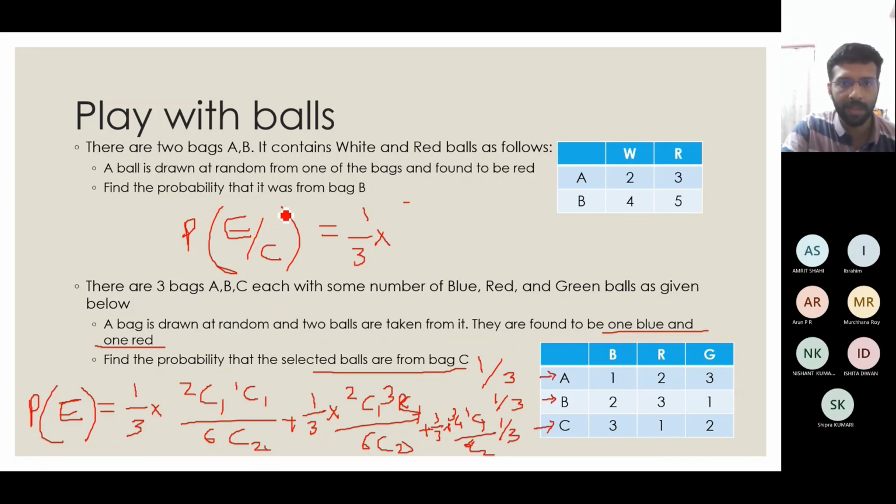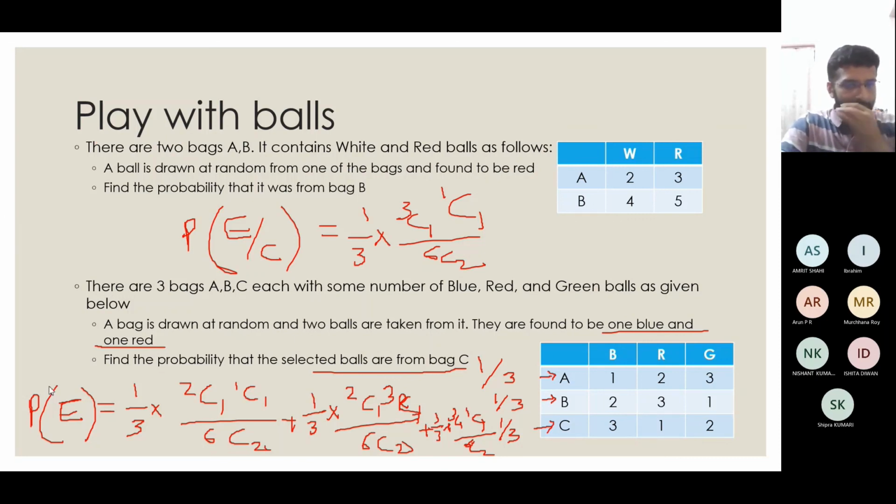So my third case, 3C1 into 1C1 by 6C2. This will give me the answer that the selected balls are from bag C. In the same way you can try to answer the previous question also.